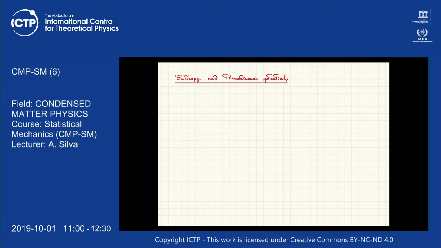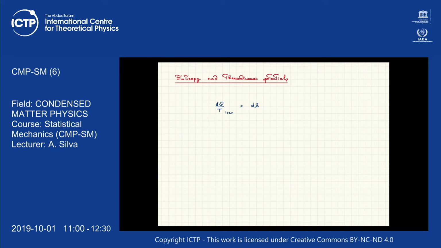So last time we introduced, using the fact that for reversible transformations dQ over T is an exact differential, a state function, and we called it entropy.